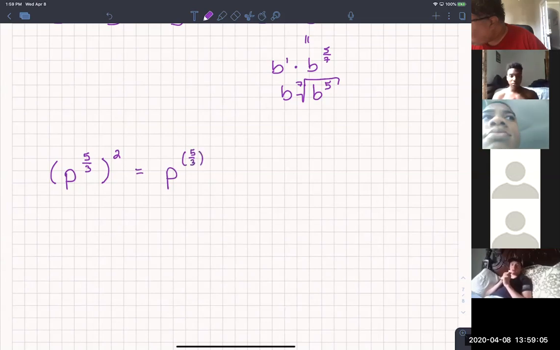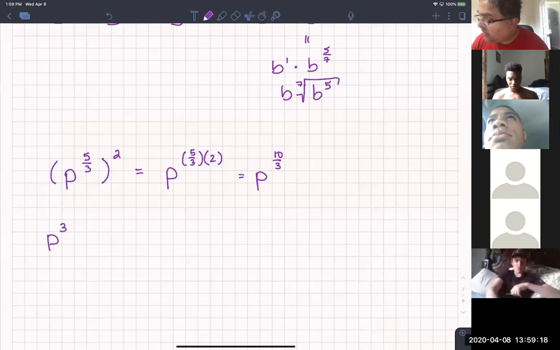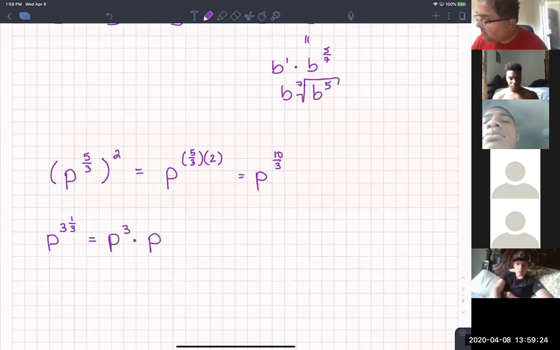Joseph, mute your mic. Okay. Now, p to the 10/3 can be written as p cubed times p to the 1/3, which is p cubed times the cube root of p.